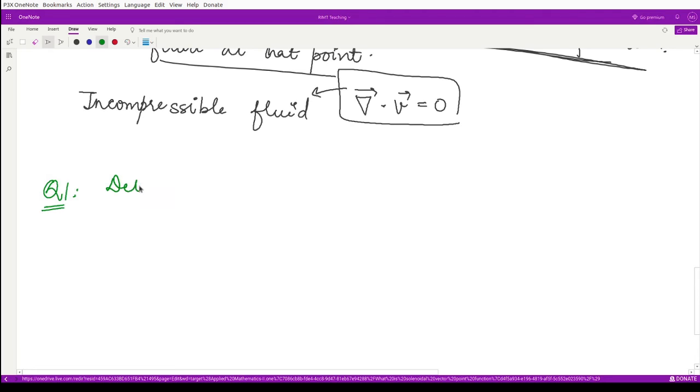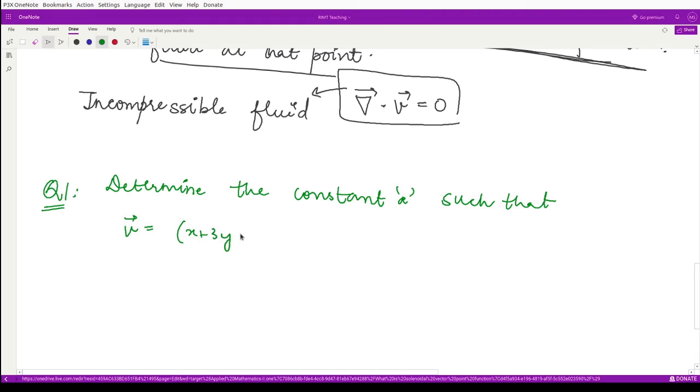So the question says you are to determine the constant a such that vector V is given to be (x plus 3y) i cap plus (y minus 2z) j cap plus (x plus az) k cap, such that this vector is solenoidal in nature.